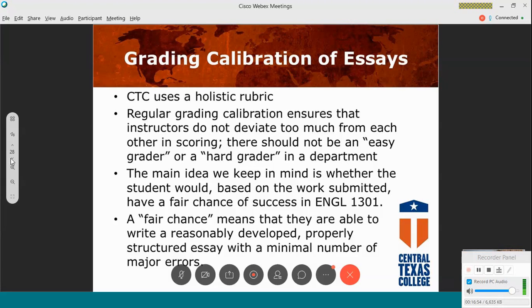It doesn't mean that they have to be absolutely perfect to the standard of Composition 1, but we do want them to have a good chance of getting through the composition course.